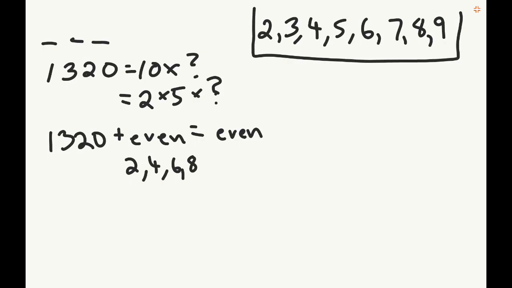And you can see if you do this math problem, 1320 plus, say, 6, it always just, 6 plus 0 ends in a 6. There you go. And whatever you get over here doesn't really matter. So again, you probably know that if a number ends in an even digit, then it's even. But it's good to think about why, because that sort of thinking can help you maybe reason out some other things.